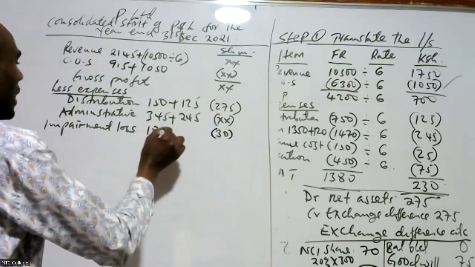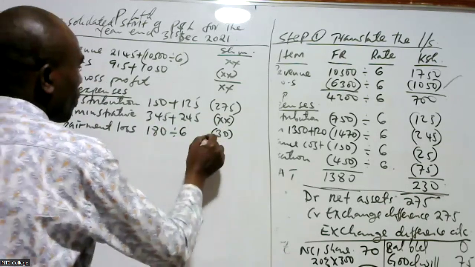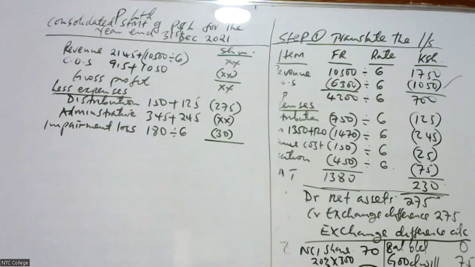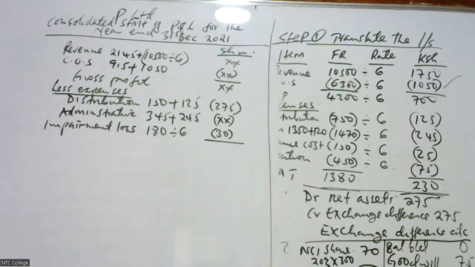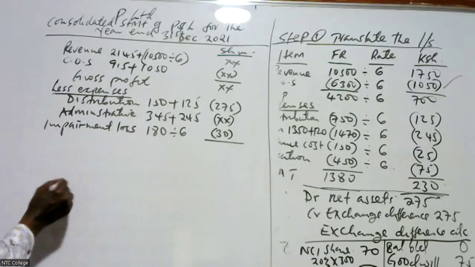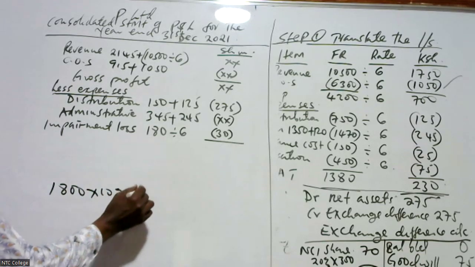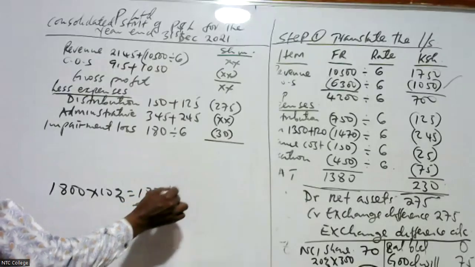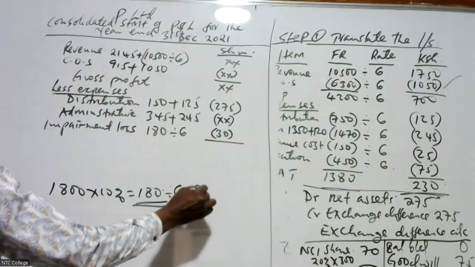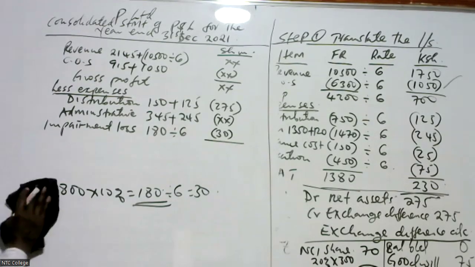That is 180, impairment loss divided by 6. If you remember in our translation, impairment was 1800, goodwill times 10%. It was 180. This 180 we translate using average, we get 30. That's why it is reporting 30 there.